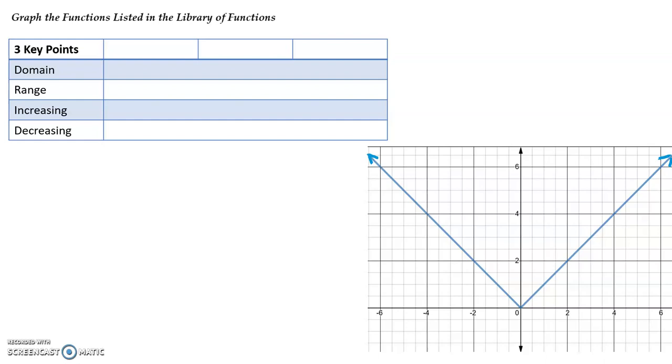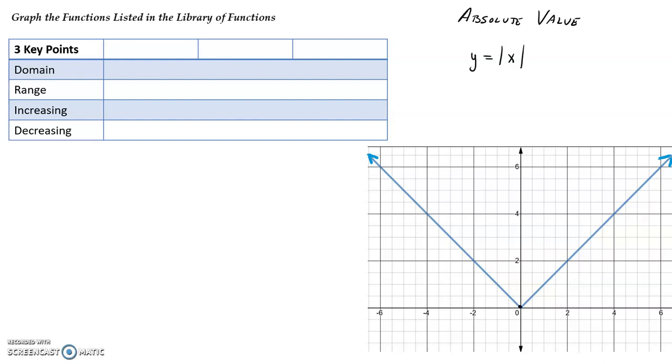Our next function is the absolute value function. We're going to be working with y equals the absolute value of x. So let's go ahead and take a look at 3 key points on this graph.